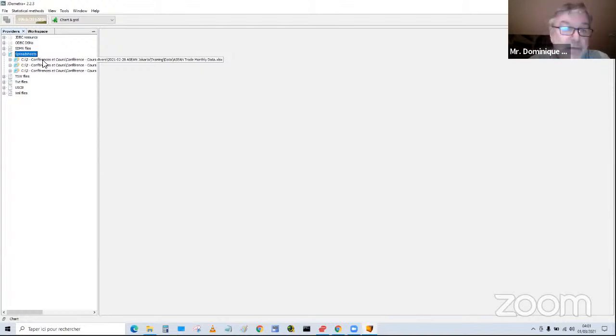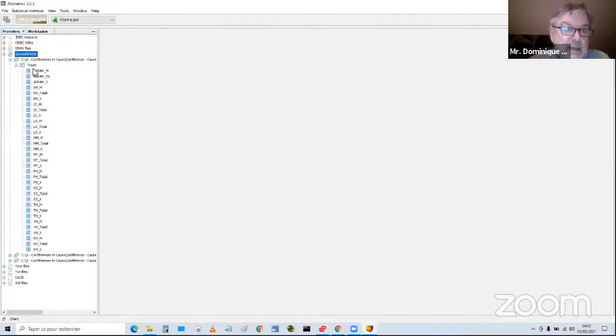You remember the file was named ASEAN monthly trade data or trade monthly data. Okay. So you load it and you should find the sheet is named the trade, and you have for every country plus ASEAN all the data, the imports, the exports, and the total.